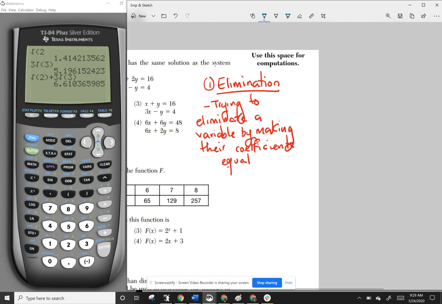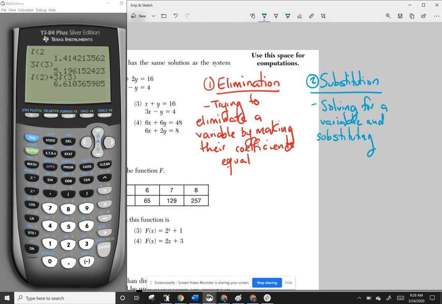Another method we call substitution. And in substitution, we are solving for a variable and substituting. Okay, and in substitution, you're usually going to see a set of parentheses.